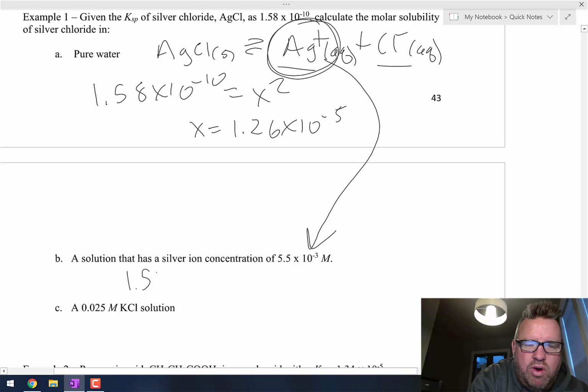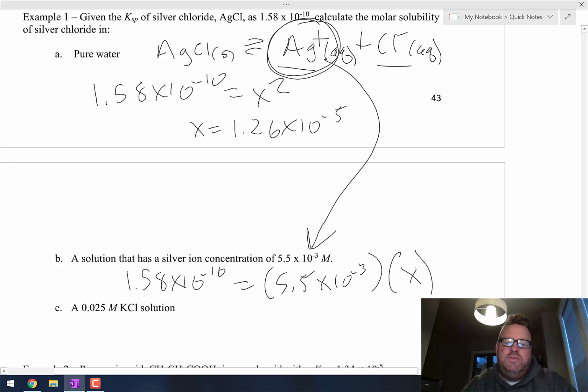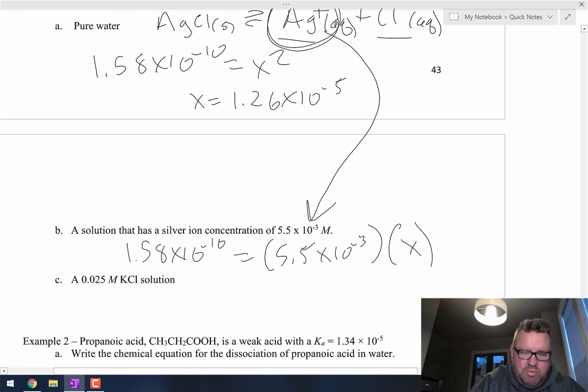So now we've got 1.58 times 10 to the minus 10th equal to 5.5 times 10 to the minus 3rd times our X value. Really now the only thing we have to do to solve for X is divide. So we're going to take 1.58 times 10 to the negative 10th divided by 5.5 times 10 to the minus 3rd.